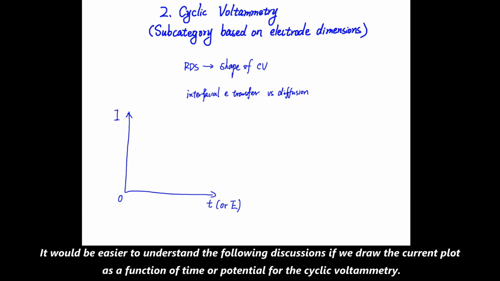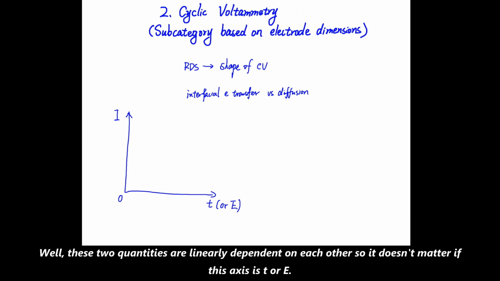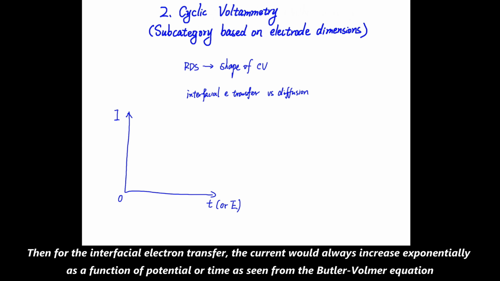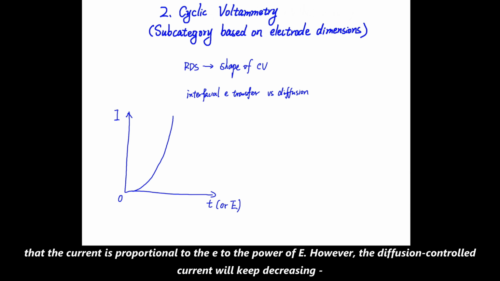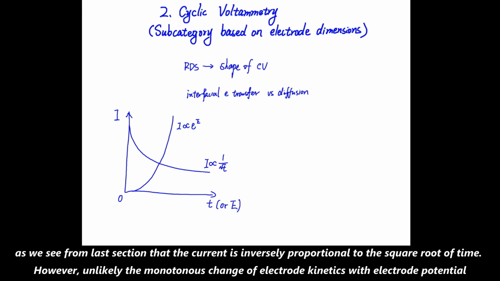For cyclic voltammetry, these 2 quantities are linearly dependent on each other, so it doesn't matter if this axis is t or E. For the interfacial electron transfer, the current would always increase exponentially as a function of potential or time, as seen from the Butler-Volmer equation, where the current is proportional to e to the power of E. However, the diffusion-controlled current will keep decreasing, as we saw in the last section that the current is inversely proportional to the square root of time.